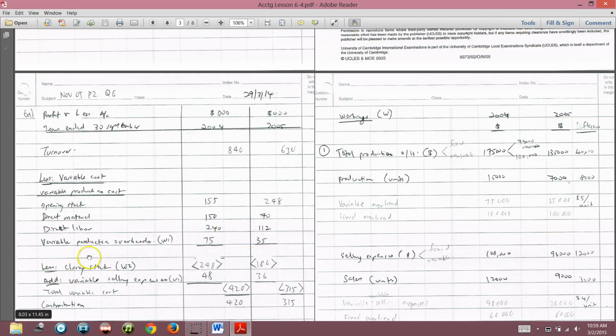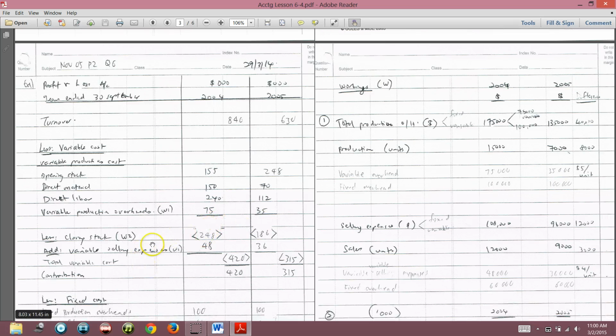Okay, then after that, you leave one line, then you less closing stock. Okay, here you should fill up the figures. Less closing stock. Closing stock, it should exclude the fixed production overhead element. So we don't know the figure, we leave it blank.